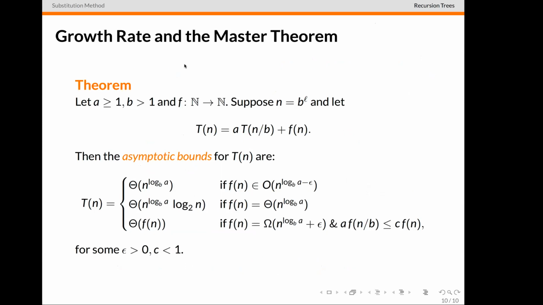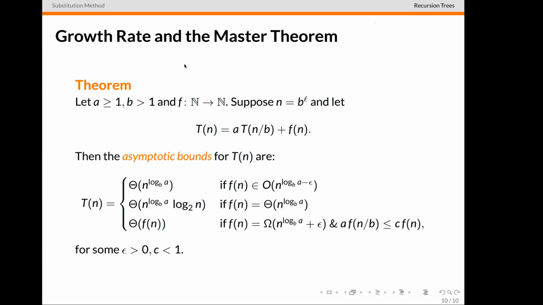Now I'm going to finish this for those viewers that are more interested in the theory of algorithms. There is a theorem as well, as we saw the theorem for the first order linear equations. There is a theorem which is called the master theorem that will give us the rate of growth for recurrences.